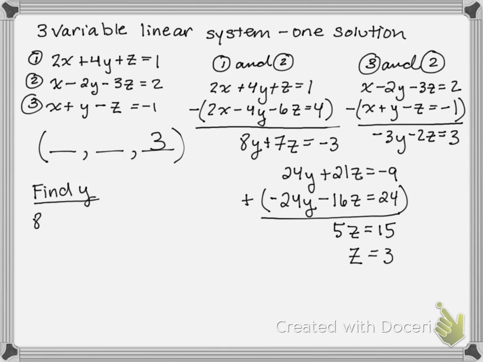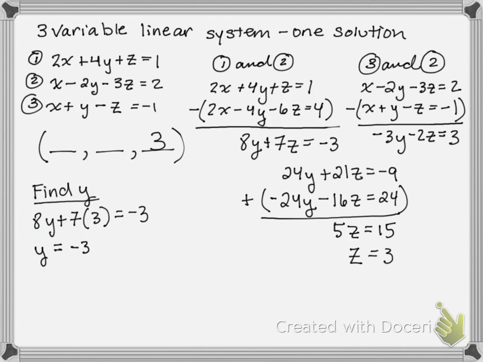So I'm going to go 8y plus 7, and then z is 3. So that's this. I'm making the substitution here. 7 times 3, equal to negative 3. And then I'll just solve this equation for y. Just skipping ahead through some simple algebra here and getting y equals negative 3.